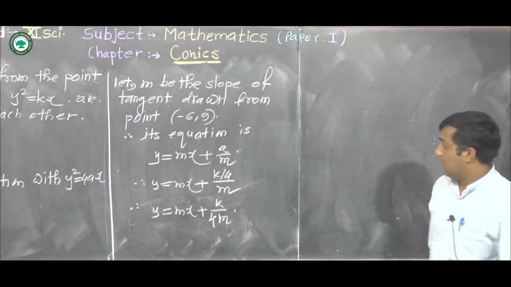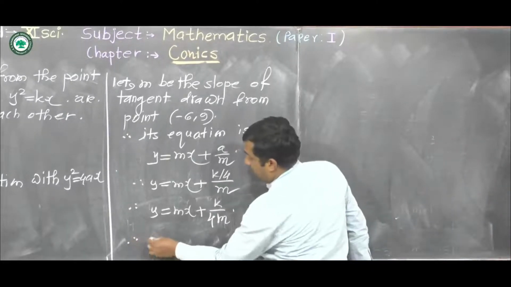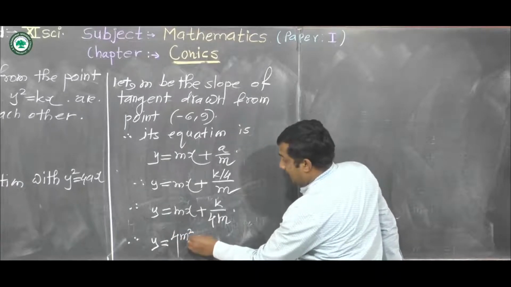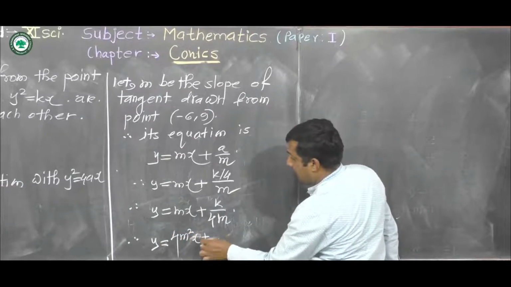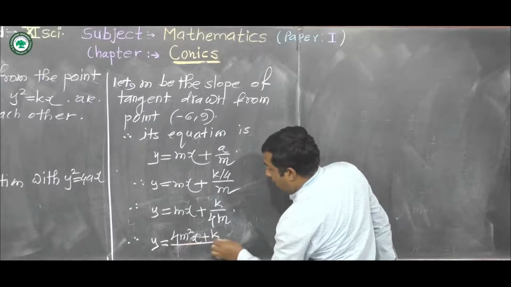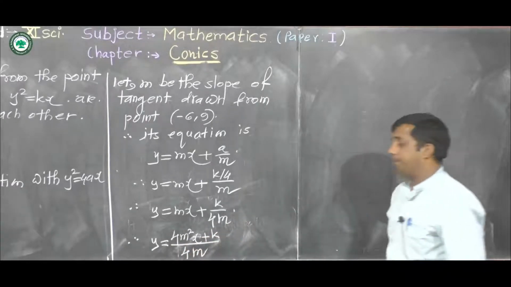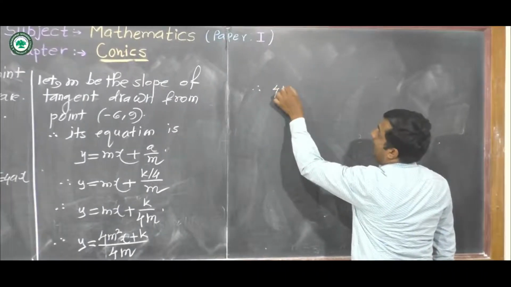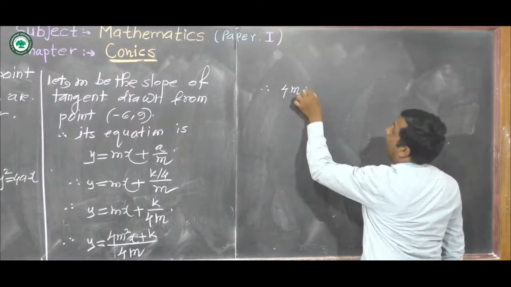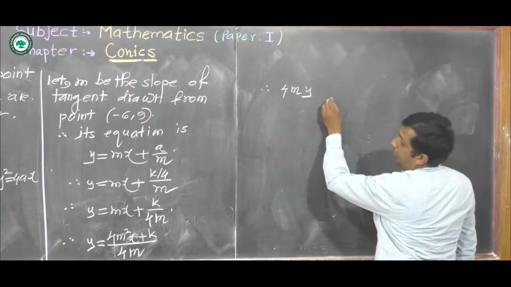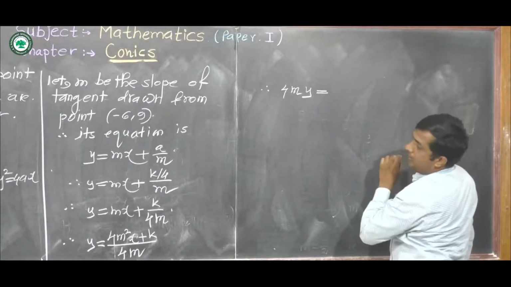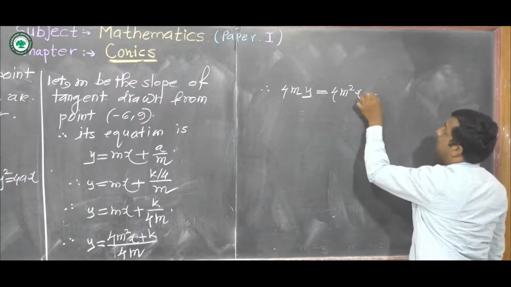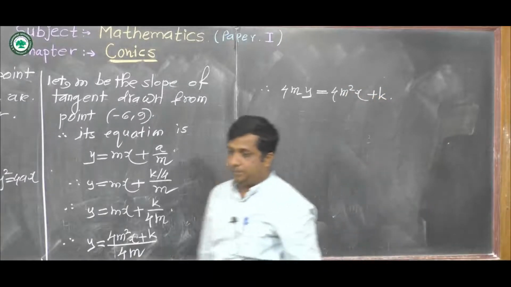If we solve this expression, we get 4my is equal to 4m square x plus k.